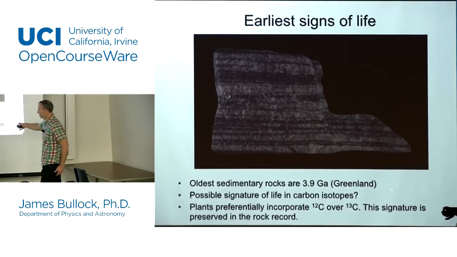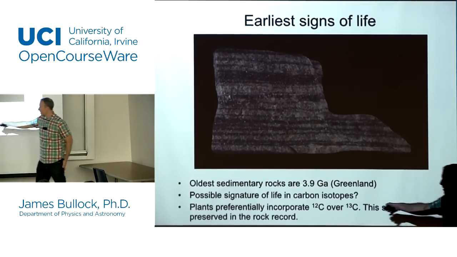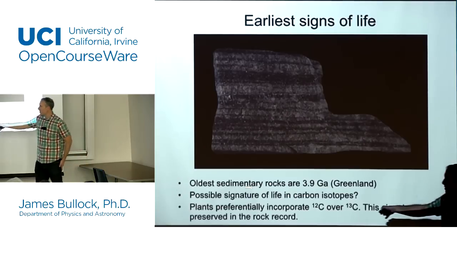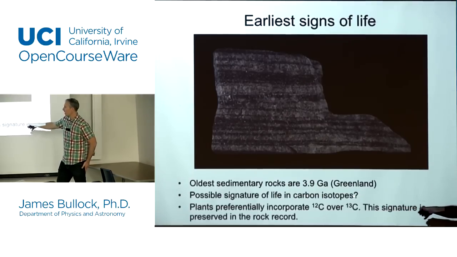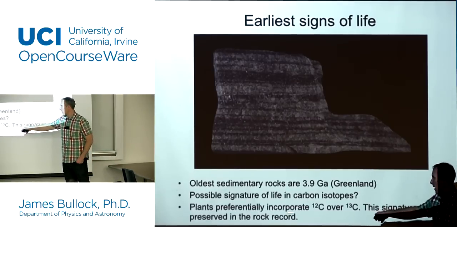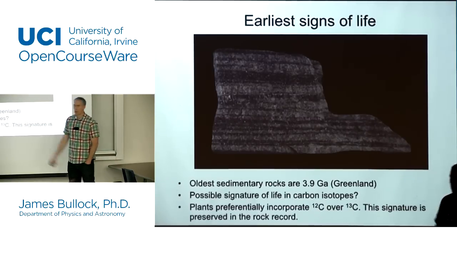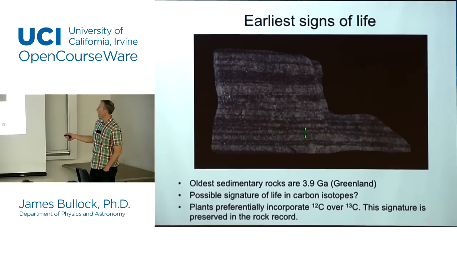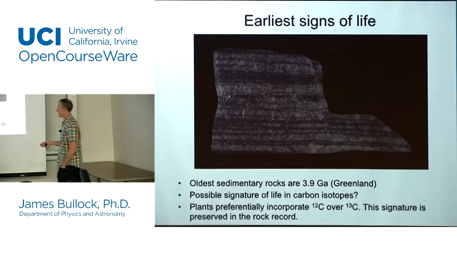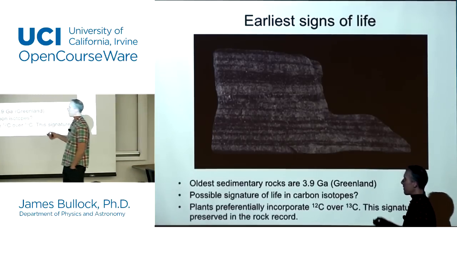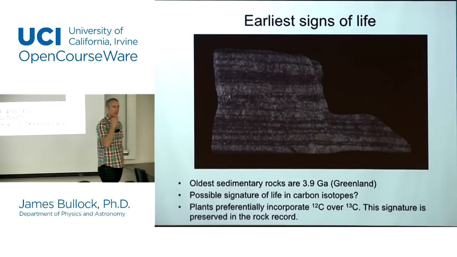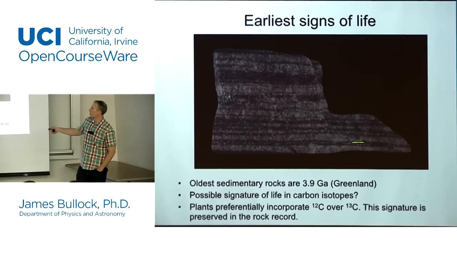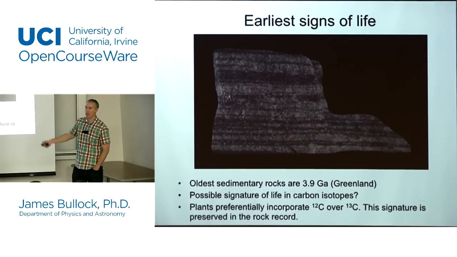So, for example, there are some very old sedimentary rocks that seem to have a signature of this carbon isotope issue. It turns out that plants preferentially incorporate carbon-12 over carbon-13. So by looking at the isotopic ratios of carbon in these ancient sedimentary rocks, people have found this enhancement that very well might be evidence that there was some living stuff existing some 3.9 billion years ago.